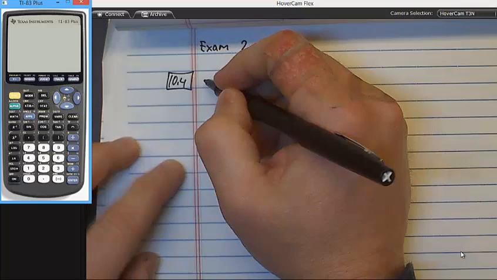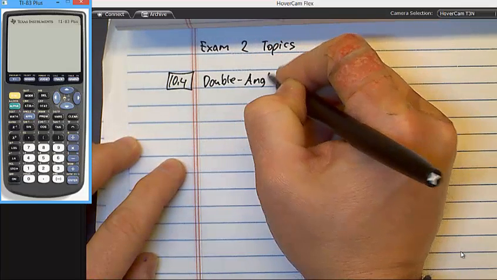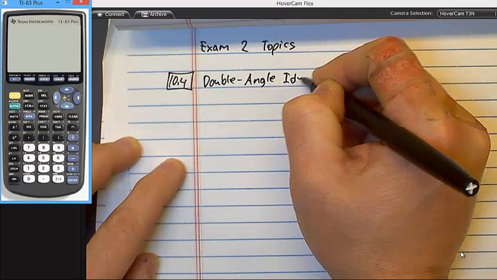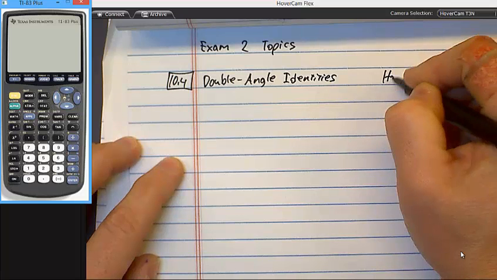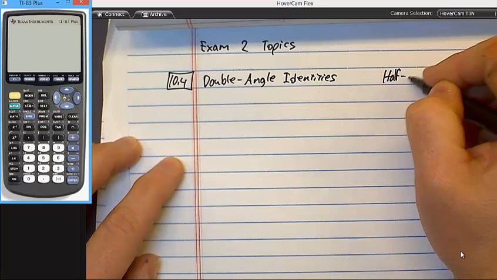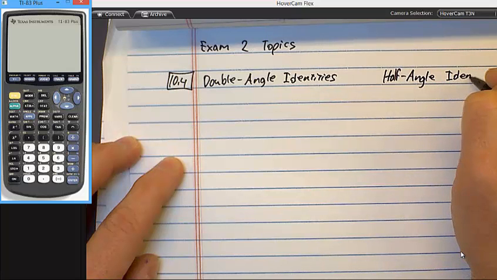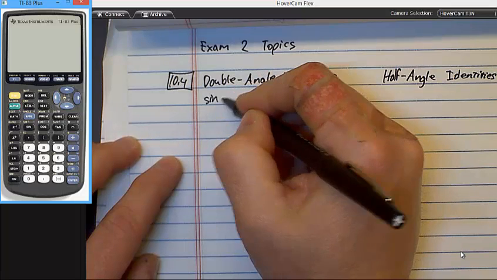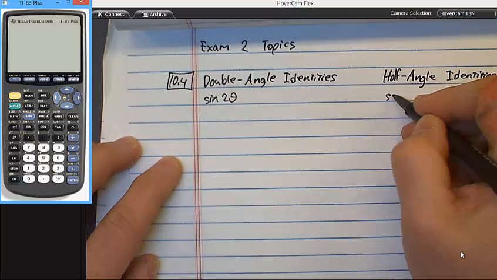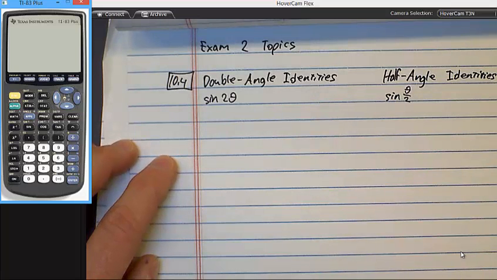But now I'm going to have what I would call the double angle identities, and also the half angle identities. So things like sine of 2 theta and things like sine of theta over 2. And then also cosine and tangent, right?